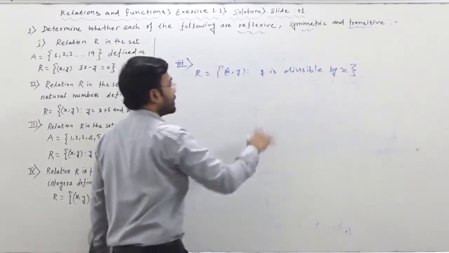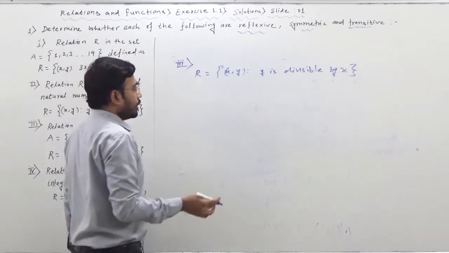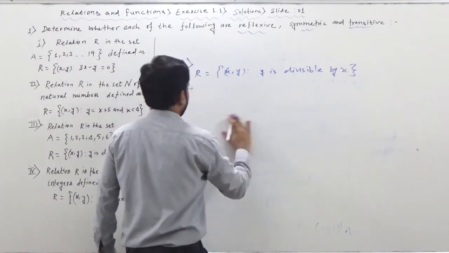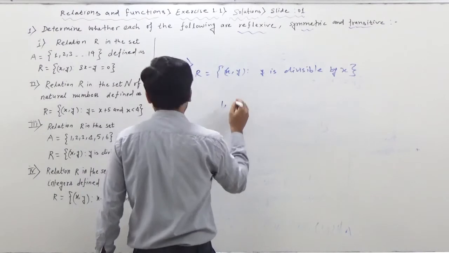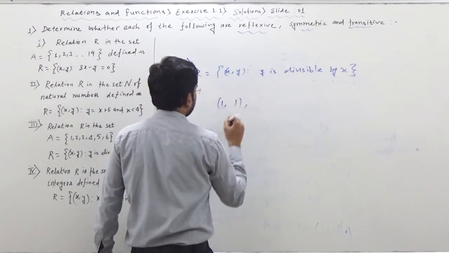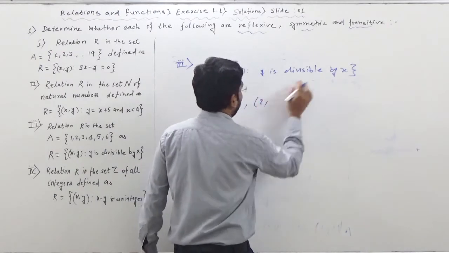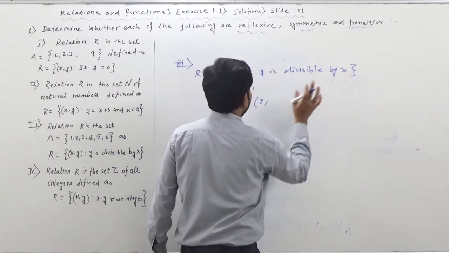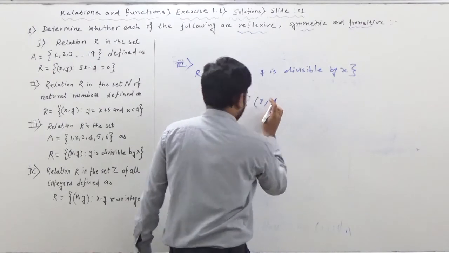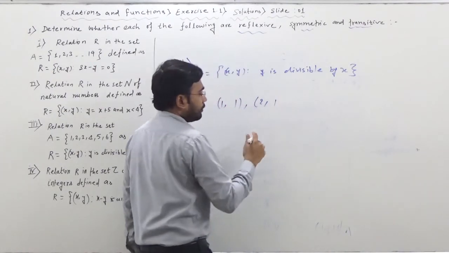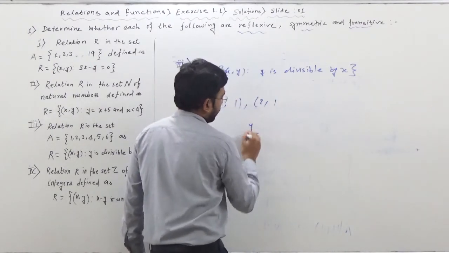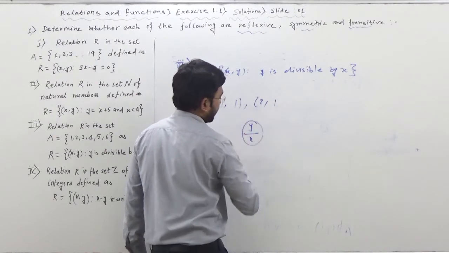Y is always divisible by x. What does it mean? If you keep 1, then 1 is possible. If you keep 2, then y must be divisible by x, so it cannot be 1.